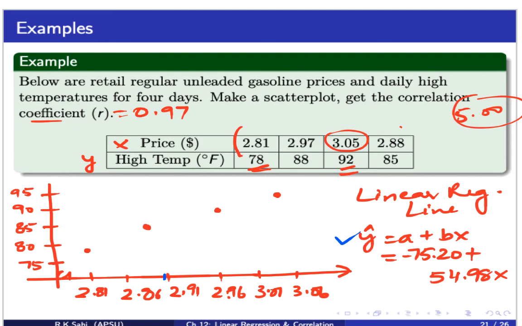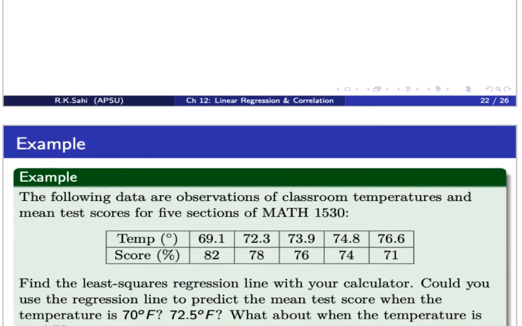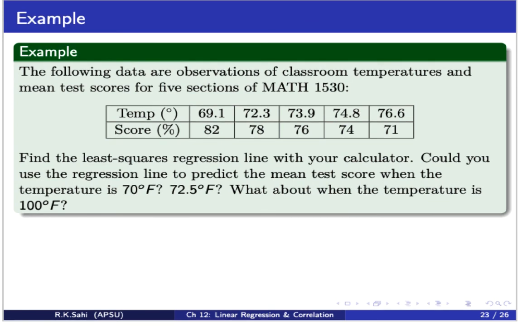Okay, let's do another example, guys. The following are the observations of classroom temperatures and mean test scores for 5 sections of Math 1530. Now we would like to find the least squares regression line with the help of a calculator.